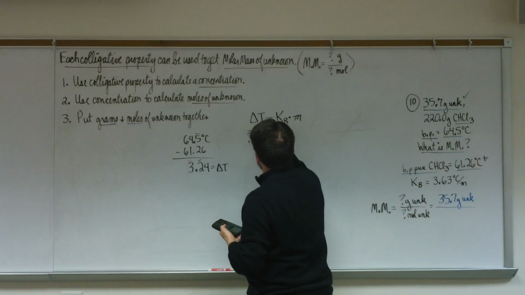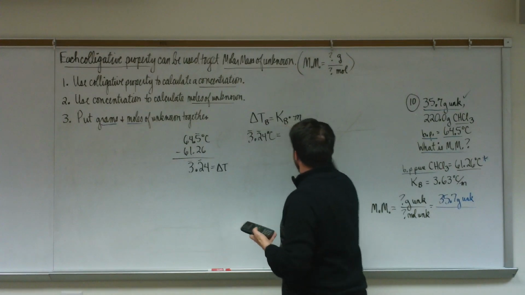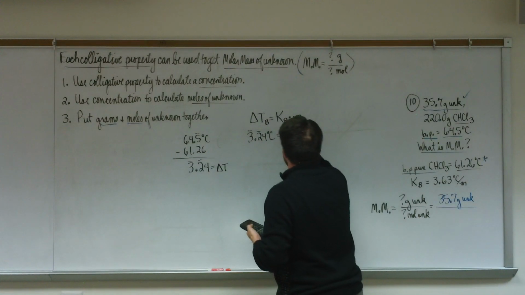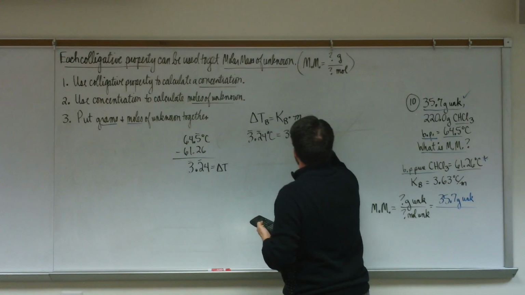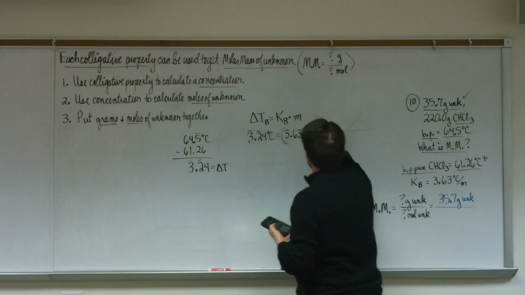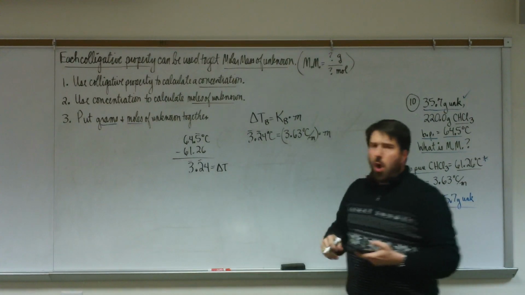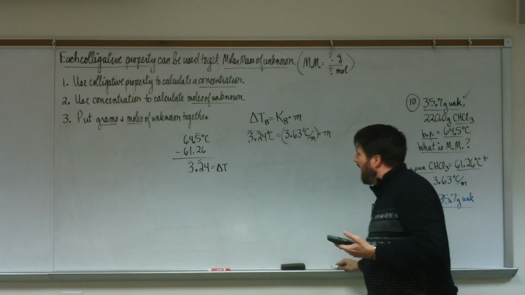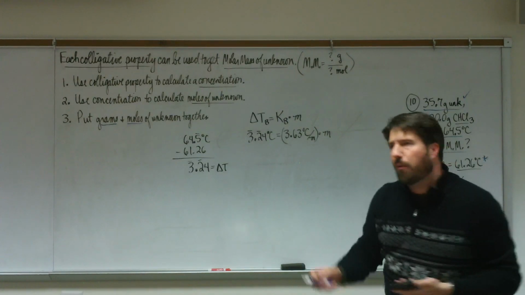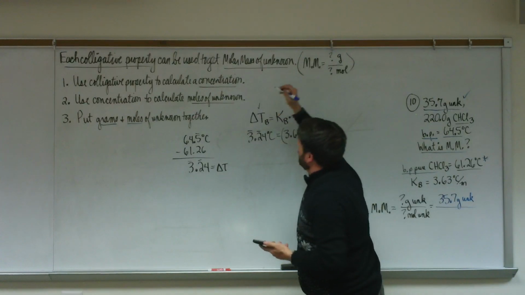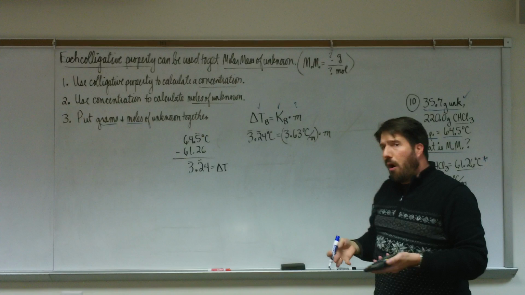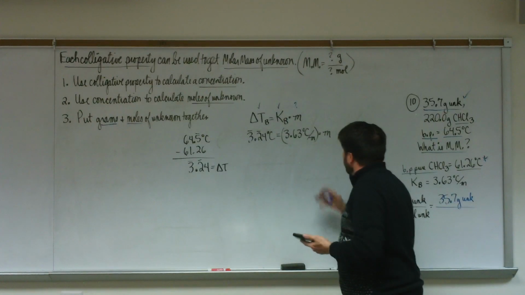3.24 degrees Celsius. The Kb we would look up, but it's given in the problem. In this case, 3.63 degrees Celsius per molality. And then the molality is unknown. Well, if the molality is unknown, you can solve for it. In fact, don't forget that that's always the general idea. I have enough information to get this. The one that's unknown, I would solve for. Well, everything matches.